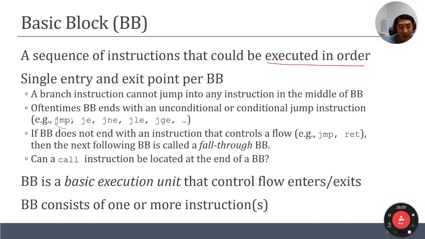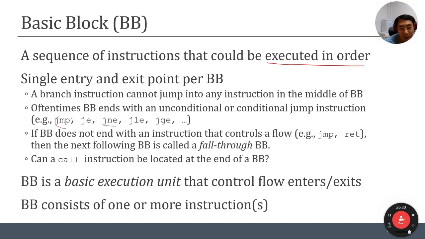So that's why oftentimes a basic block ends with an unconditional or conditional jump instruction. So if jump is not equal to, then it jumps to another basic block. So a basic block can end with a jump family instruction.